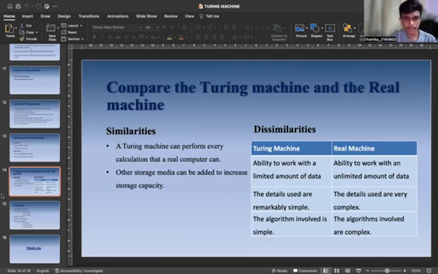Thank you, Prabhashi. Considering the similarities between the Turing machine and the real machine, the first one is that a Turing machine can perform every calculation that a real computer can.